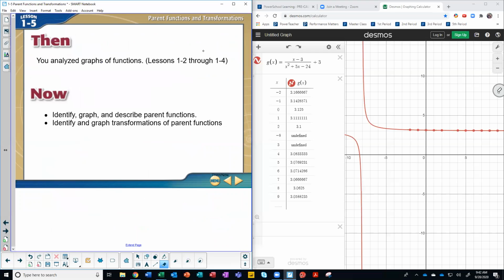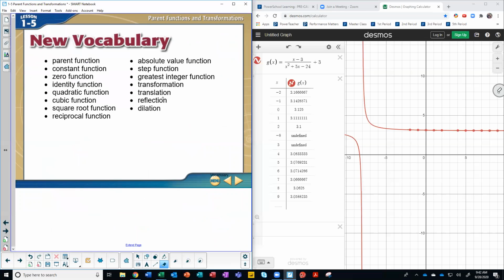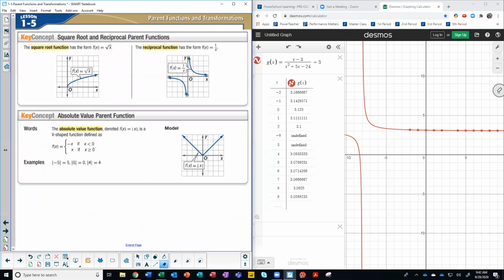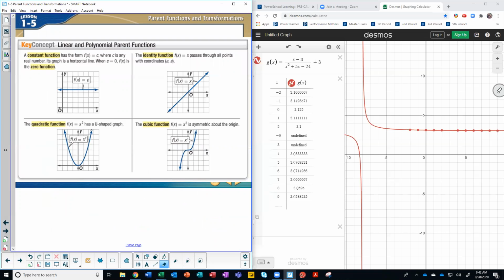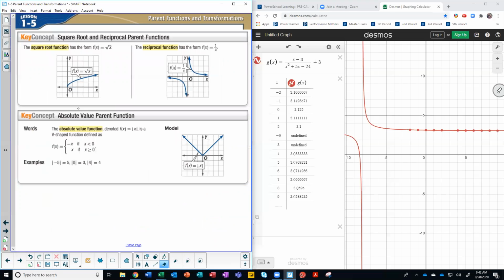Today you're going to learn something else about functions and transformations. Many students love this lesson because it's a review of algebra 2. What you're going to talk about is these different types of graphs: a line, a parabola, a constant line, a line with slope, cubic functions, square root, reciprocals or rationals, absolute values.